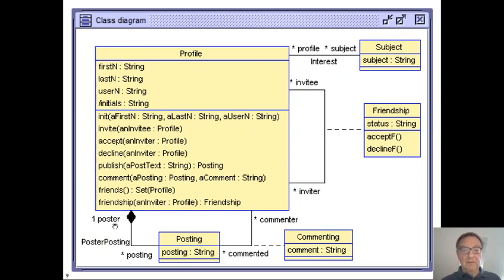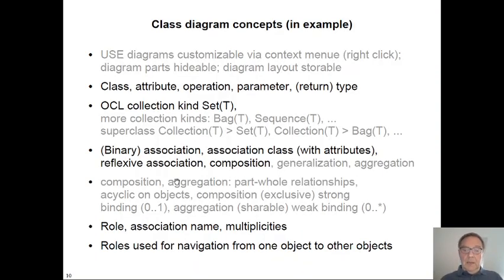The profile plays the role of the whole and the posting plays the role of the part. So on the black diamond side there is always the whole. Composition and aggregation are part-whole relationships. They are acyclic on the object level. So no part can be a part of itself.